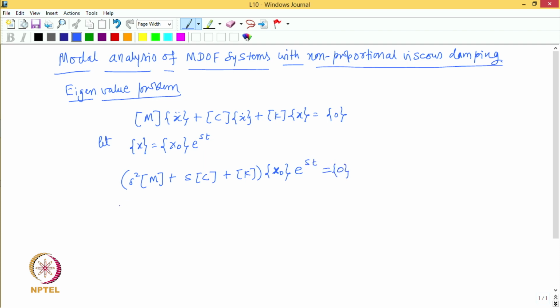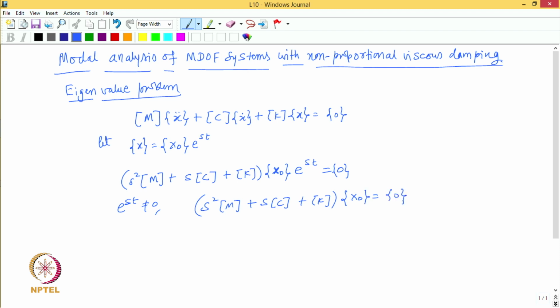So, since e to the power st cannot be 0 for an arbitrary t, what should be true is that (s square M plus s C plus K) x naught should be equal to 0.